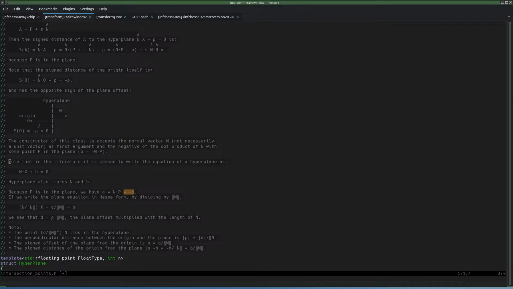Note that in the literature it is common to write the equation of a hyperplane as n dot x plus b is 0. The hyperplane also stores n and b.